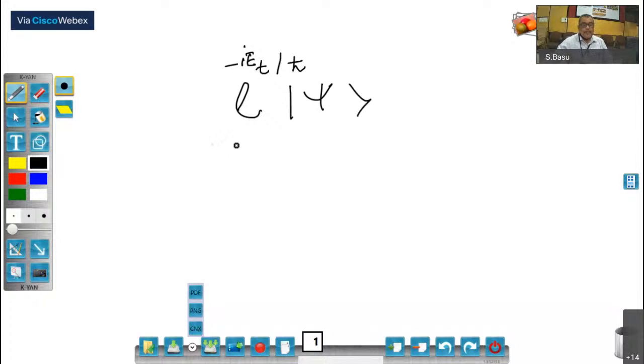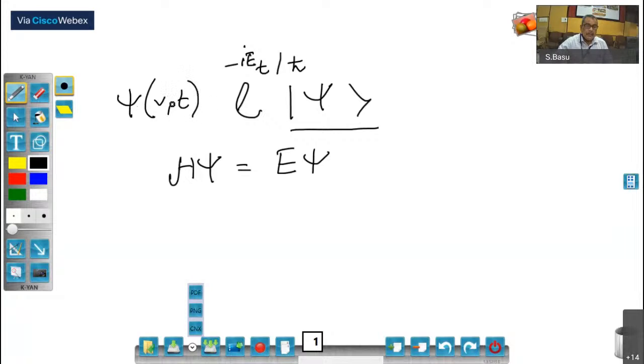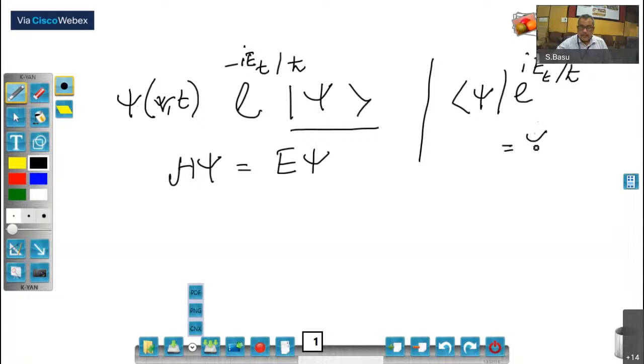But we know that if psi is an eigenfunction of the Hamiltonian, psi of R and t is given by this. If I take a complex conjugate of that, it will give me psi dagger of R, t.